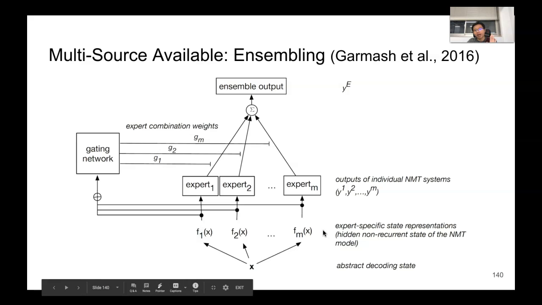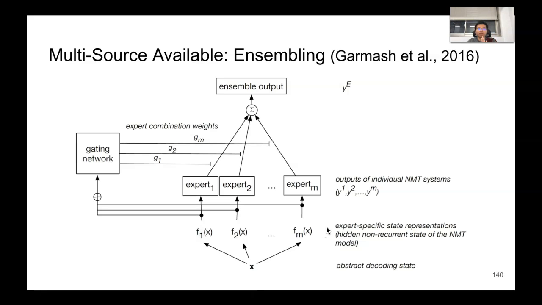Then we have a gating network to give weights to each source language for our ensembling. So we have different sources weighted by this gating network, and finally we use these multiple sources to get the final output. And how does it work?